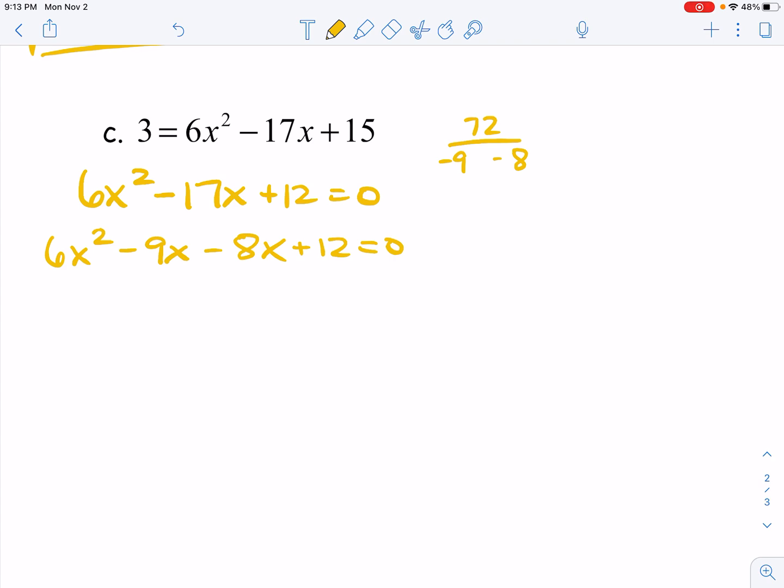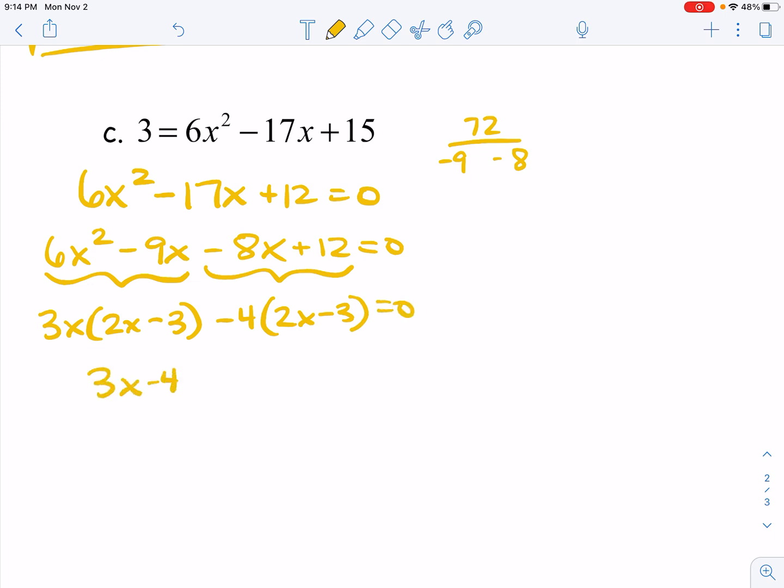Group up, find the GCF. GCF here is 3x. Oops. There we go. 2x minus 3. GCF here is a minus 4. And so my factors are 3x minus 4 and 2x minus 3. And so it's completely factored.